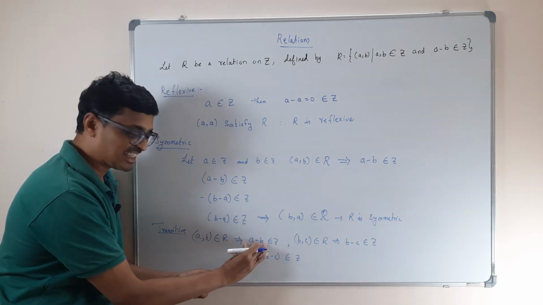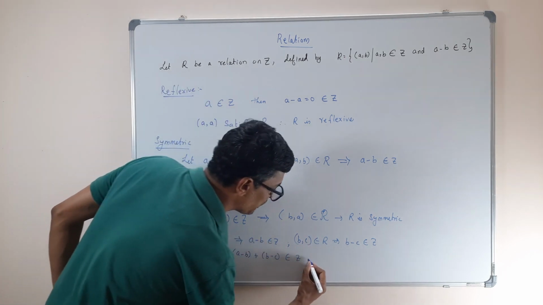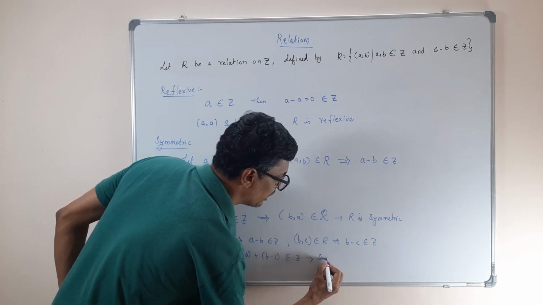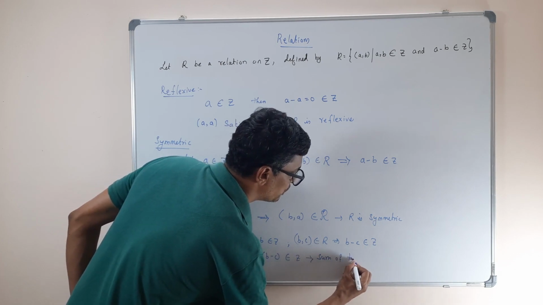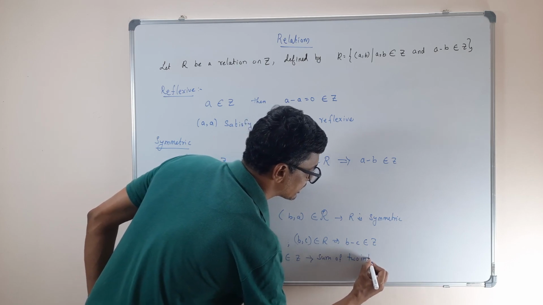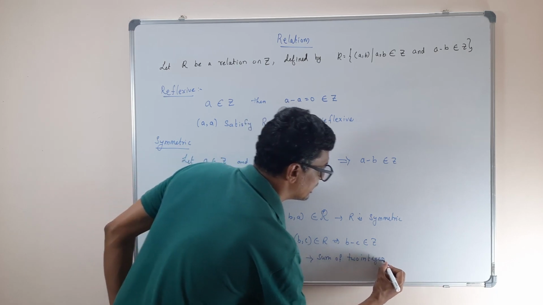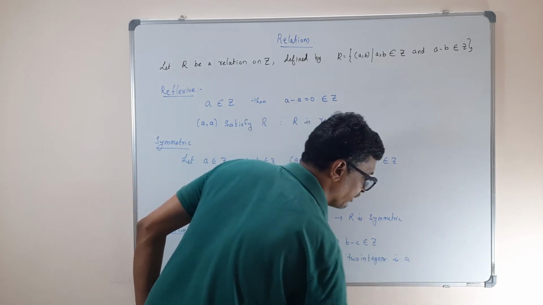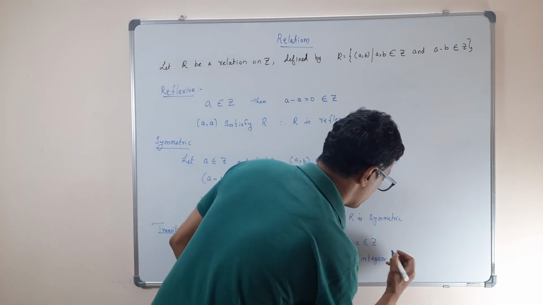See, this is an integer. Why do we do this? The sum of two integers will be an integer. Okay.